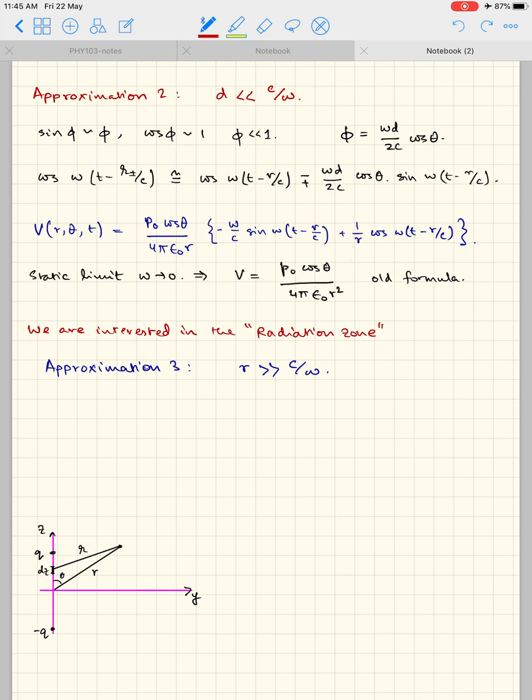So we drop this term, and so our expression is V of r, theta, t is going to be minus p naught omega by 4 pi epsilon naught c into cos theta over r sine of omega t minus r over c.